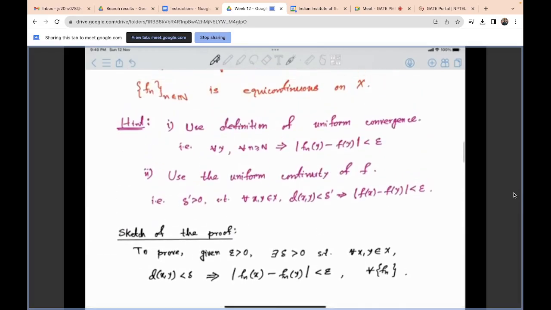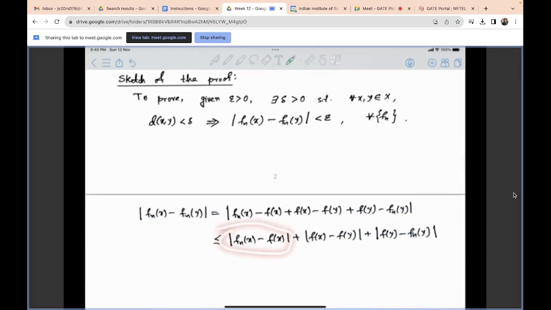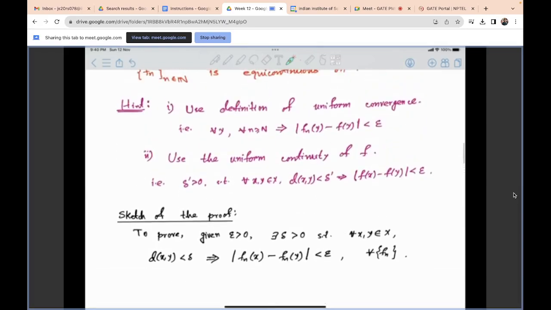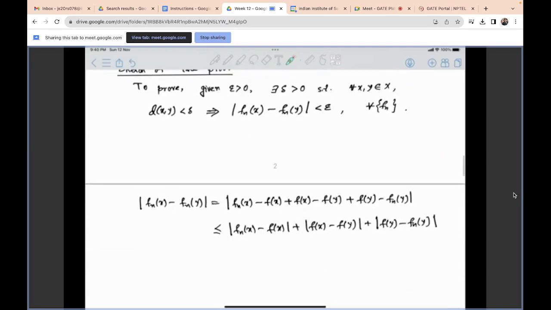Now note that by hint 1, you can make the first term |fn(x) minus f(x)| less than epsilon, so I will take epsilon by 3. And the second term, by the uniform continuity of f, you can make less than epsilon by 3 whenever d(x,y) is less than delta dash. And the third term is similar to the first term.